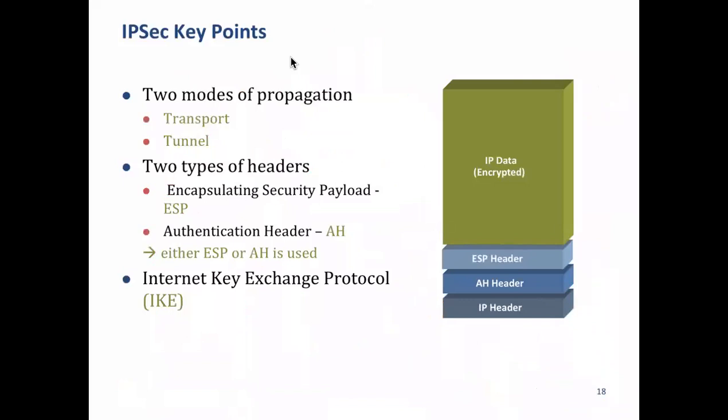Now there are two modes of propagation. First is transport, second is tunnel. Now tunnel is the case that we have studied, where there's a gateway here, and there can be multiple ordinary users with laptops who can't do IPSec, right?